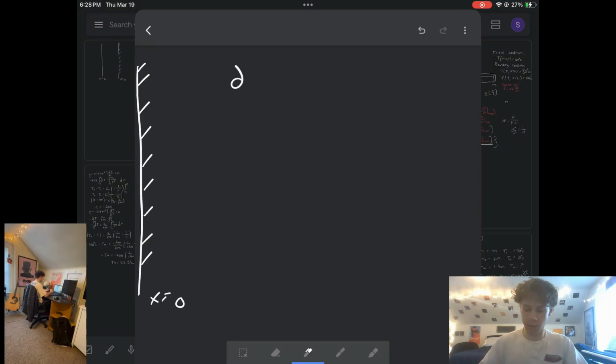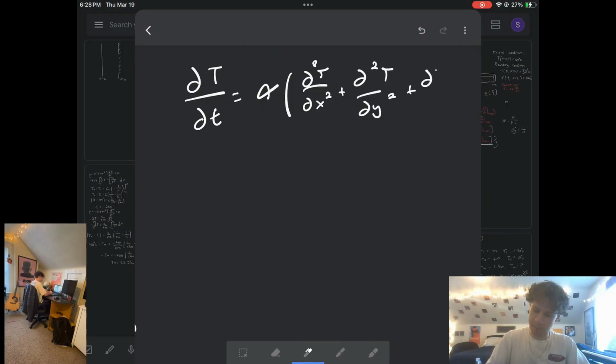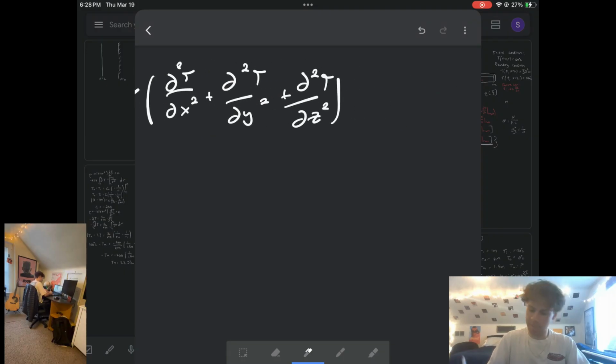So that was change in temperature with respect to time is equal to our thermal diffusivity times second derivative of temperature with respect to x plus second derivative of temperature with respect to y plus second derivative of temperature with respect to z plus our energy generated.